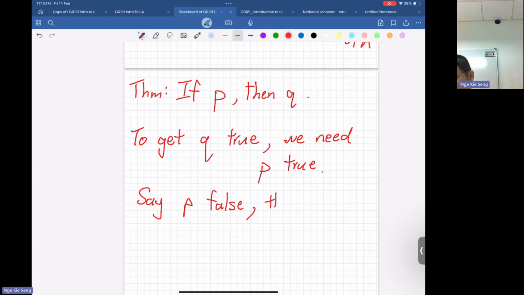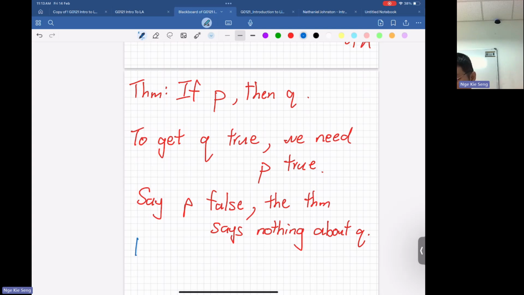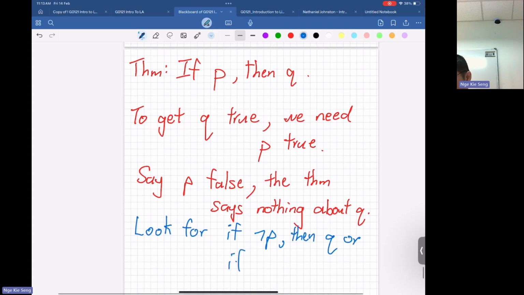The theorem says nothing about Q. Instead, you need to look for a statement like if not P, then Q, or if not P, then not Q, something like that.